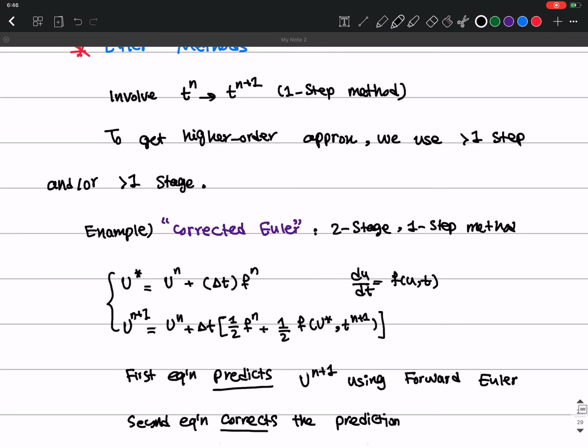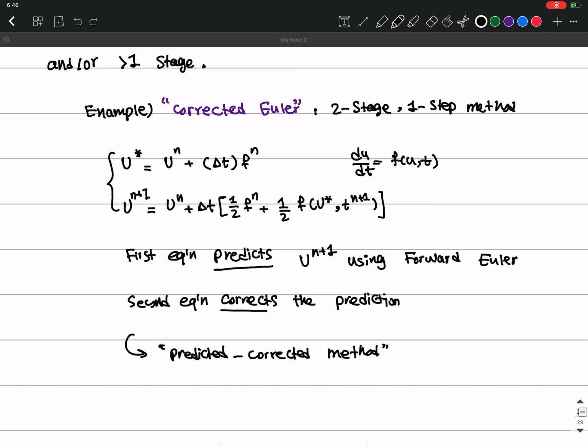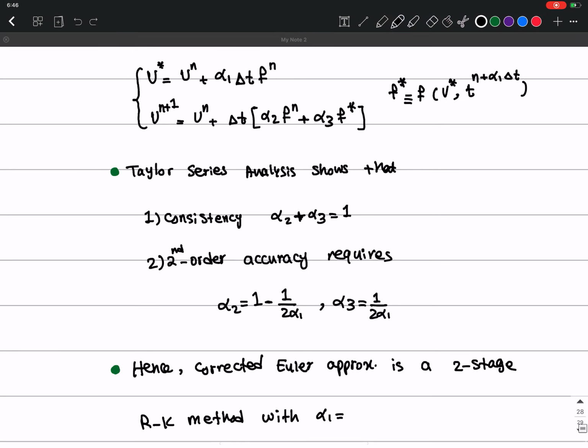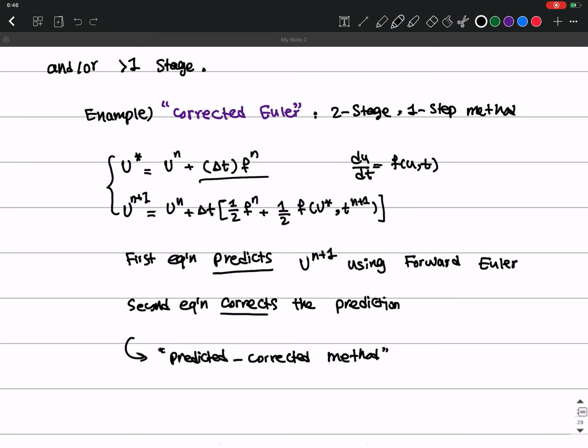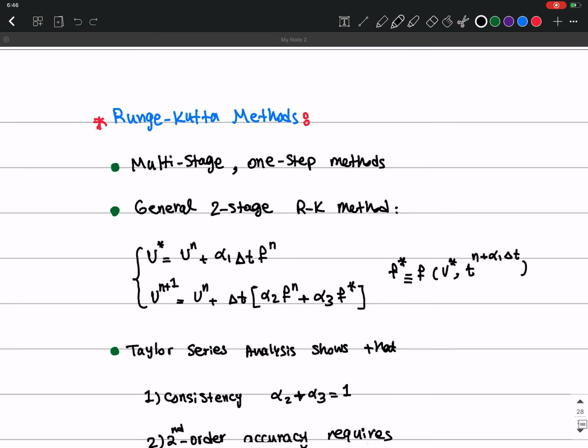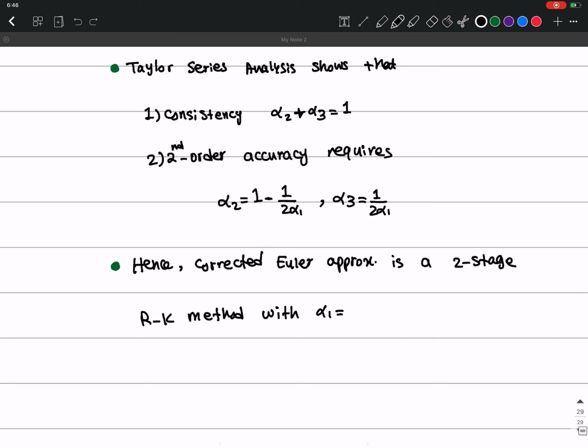So the corrected Euler method was like this, right? As you see, alpha 2 and alpha 3 are both 1/2, and alpha 1, which is here, is 1, right? So with alpha 1 equal to 1.